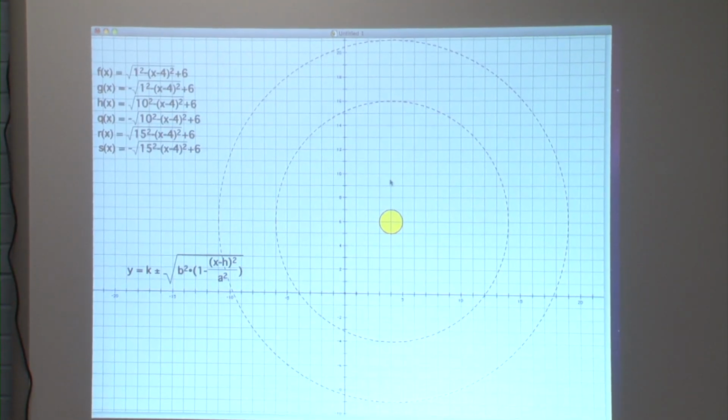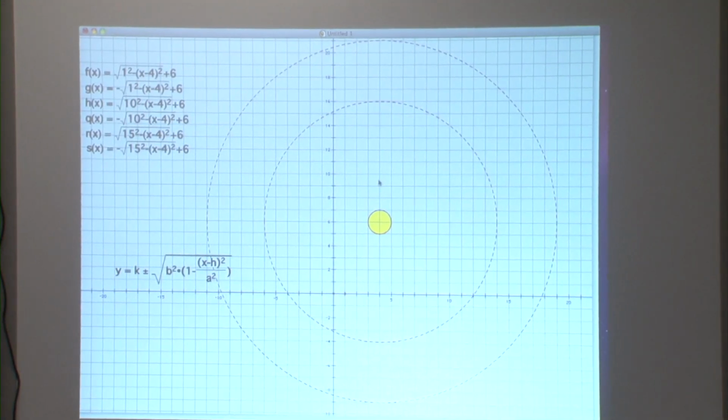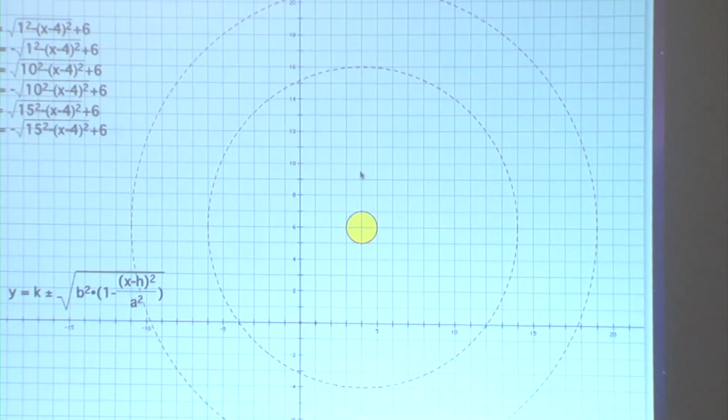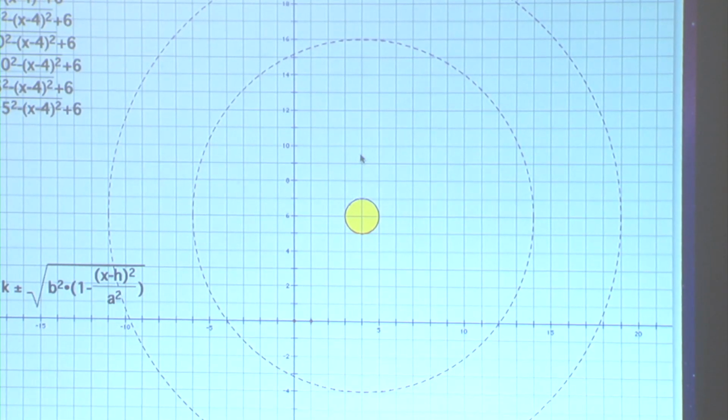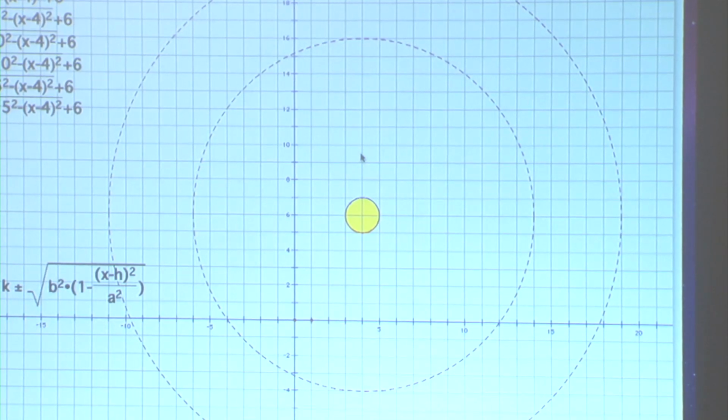Okay. So what we need to do is we can figure out a few different ways. You have three things, your A, B, and C. A is your major radius, B is your minor radius, and C is the distance from your focal point to the center of your ellipse. You're going to make up two of them, and you're going to calculate the third one so that it works.